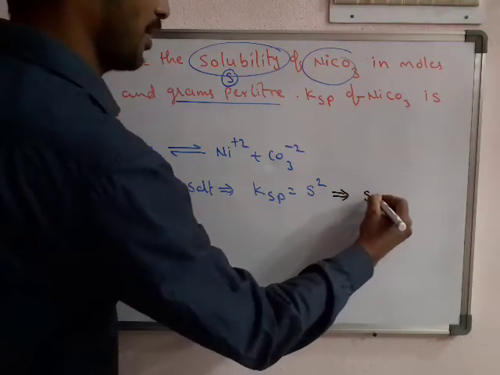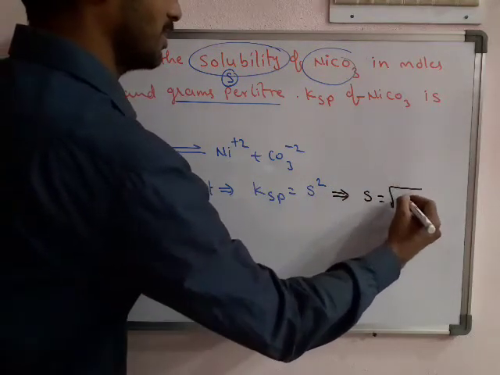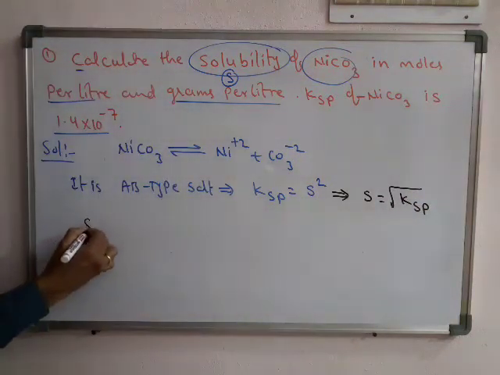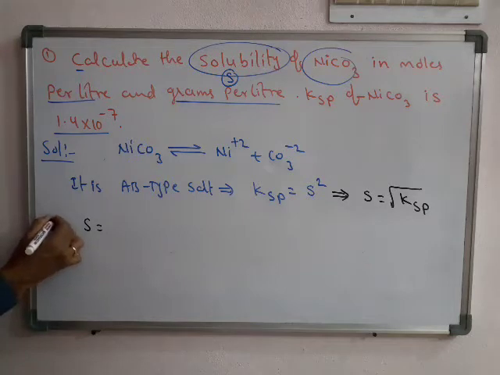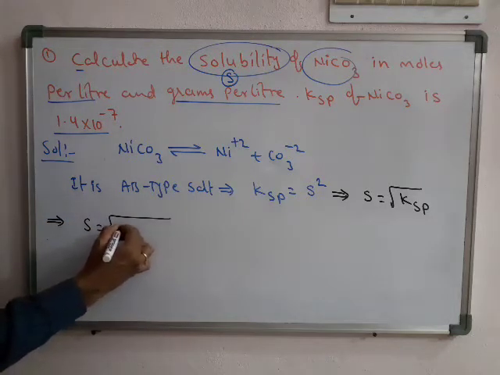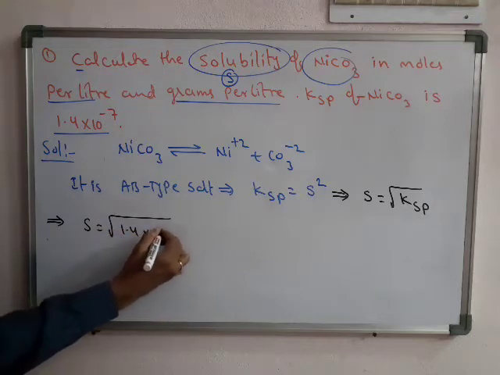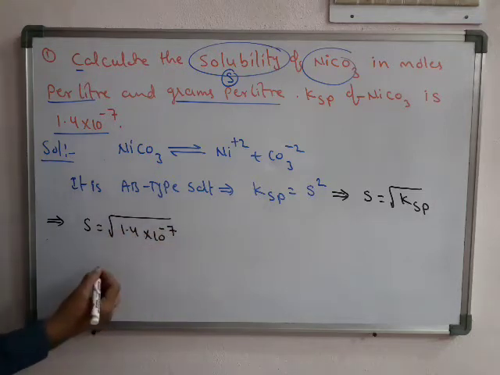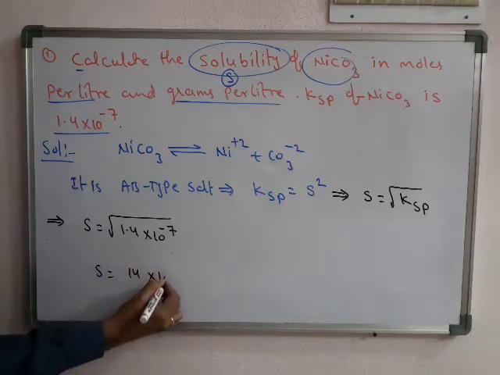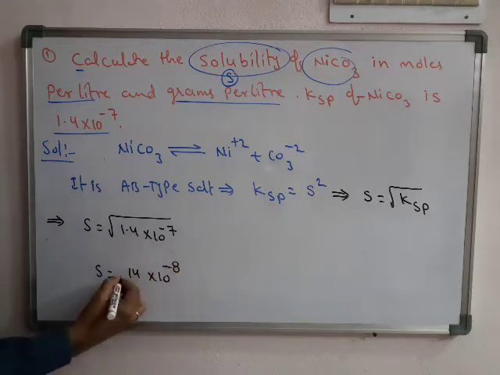Ksp is given, so S becomes root Ksp. The Ksp given is 1.4 into 10 power minus 7, which we can write as 14 into 10 power minus 8.